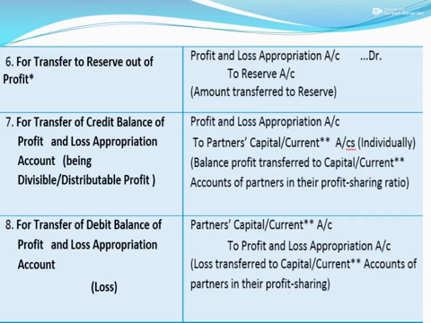And next is number 8, for transfer of debit balance. It means if there is any negative balance, then it will be termed as a loss. It will be transferred to the debit side of the partners capital account. Then we will write down the journal entry: partners capital or current account debit to profit and loss appropriation account.